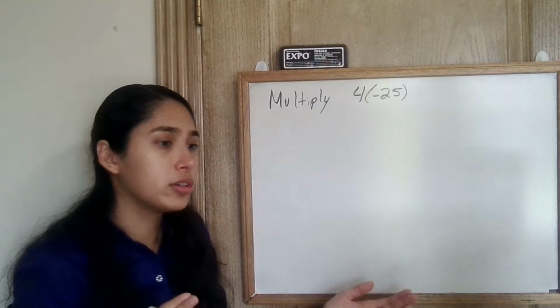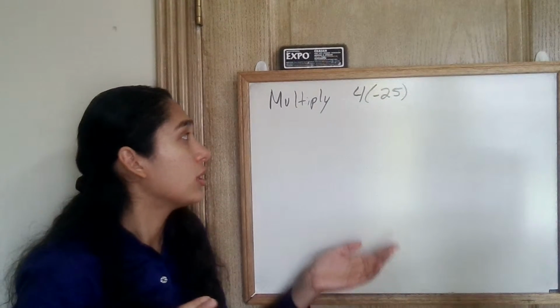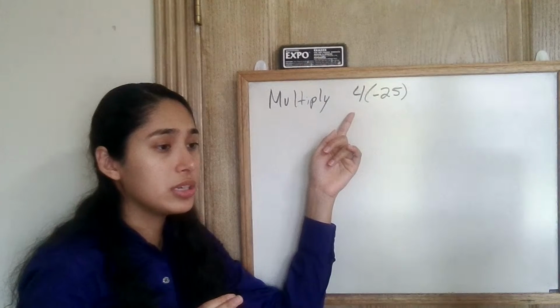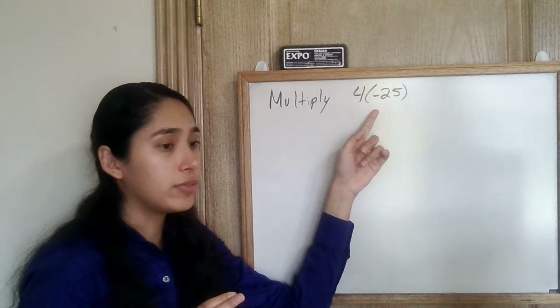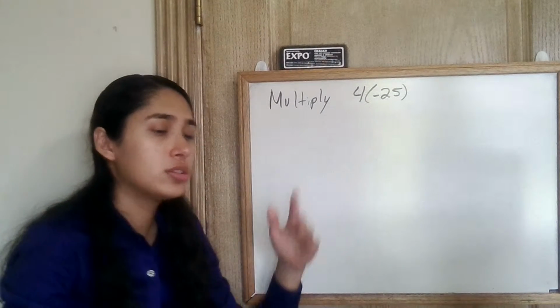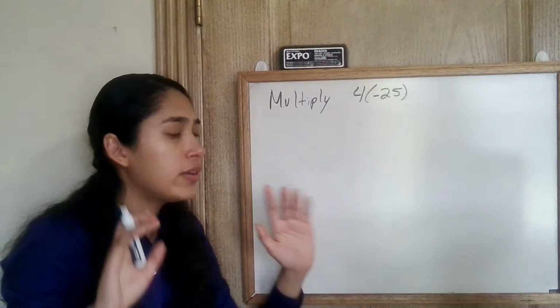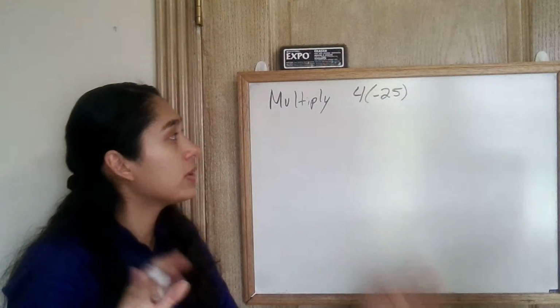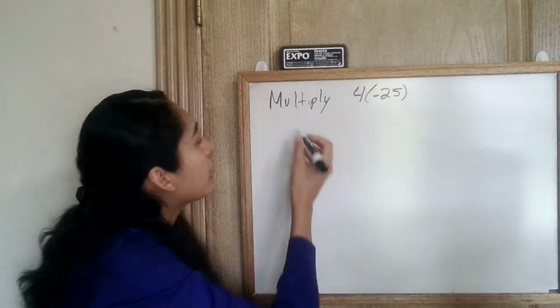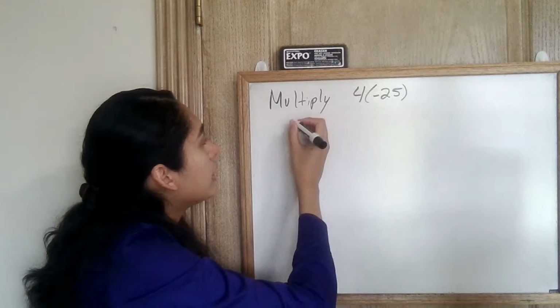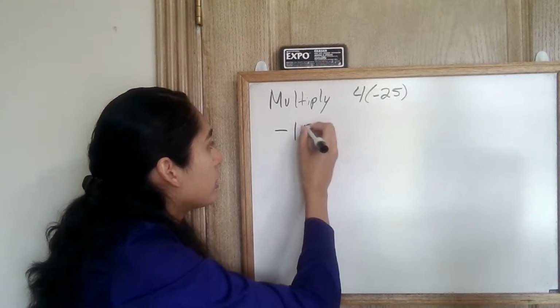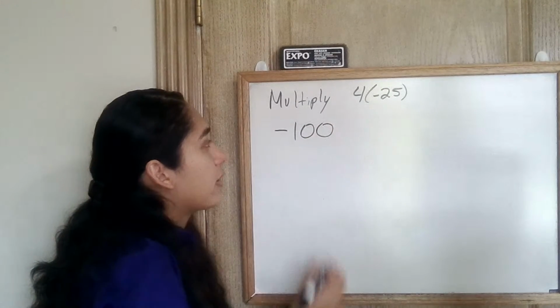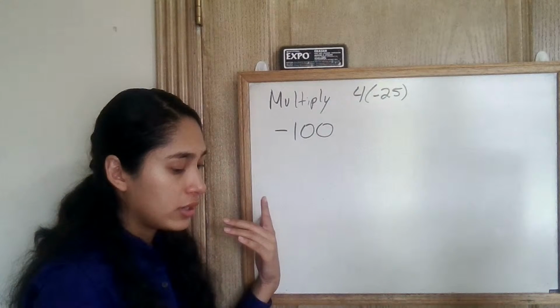Here the signs are different. The sign for 4 is positive, for 25 it's negative. So the negative's going to ruin it for everyone. We're going to get negative 100, because 4 times 25 is 100. So that's our value, negative 100.